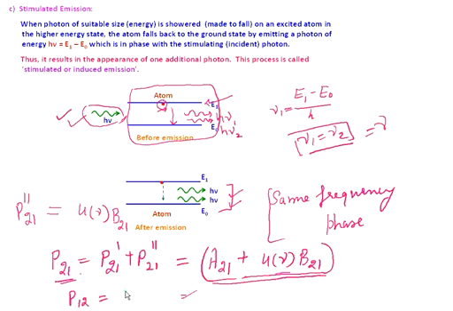That was U nu times B12. Here U nu is the density of the incident radiation, and A and B are the Einstein coefficients. A21 we have used for spontaneous emission, B12 we have used for absorption, and B21 we have used for stimulated emission. So these are the three coefficients which provide the information about the characteristics of the energy level.